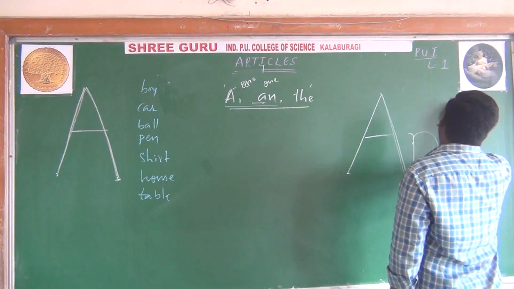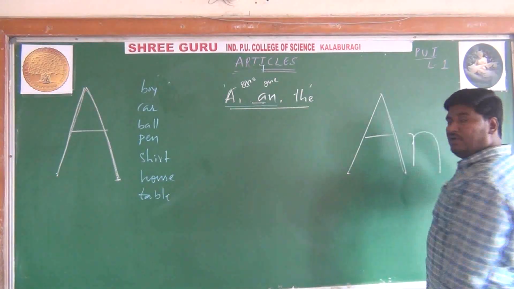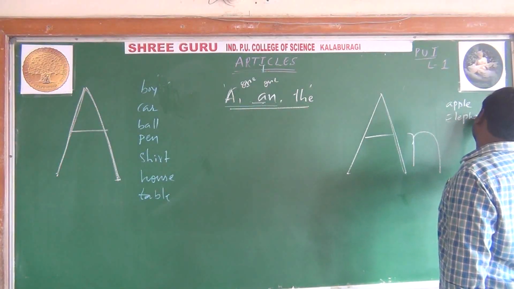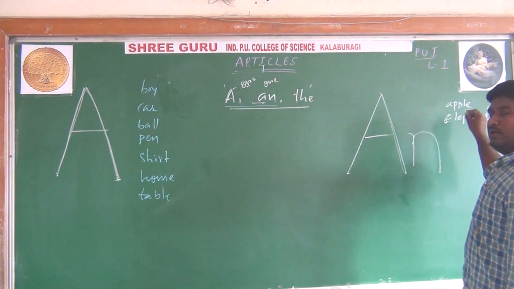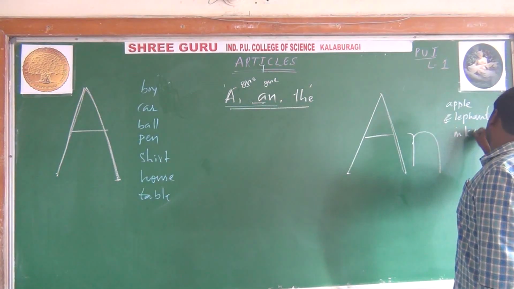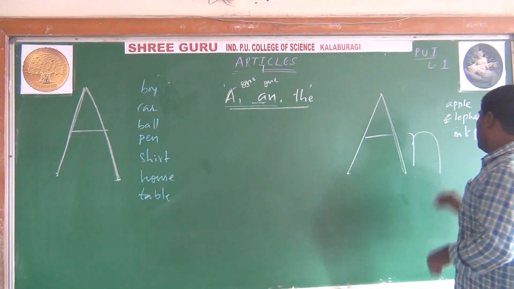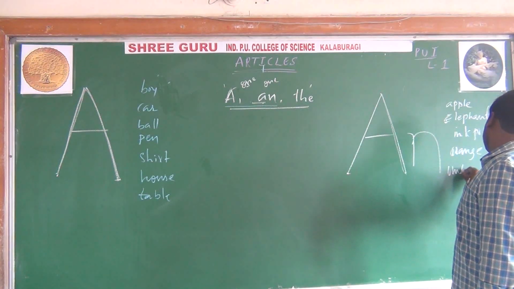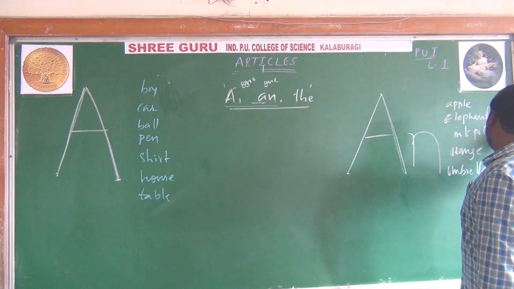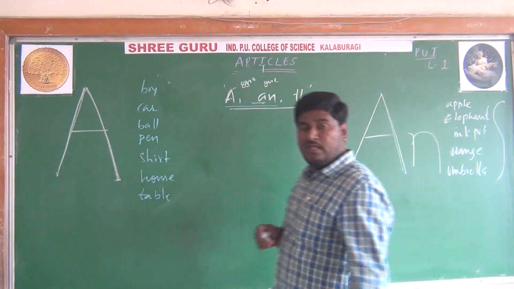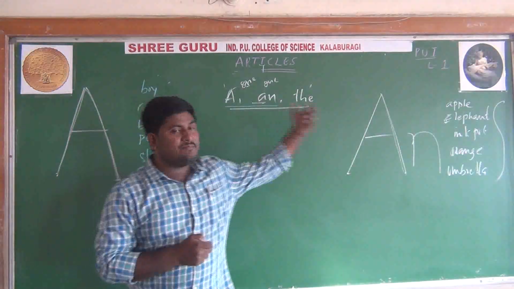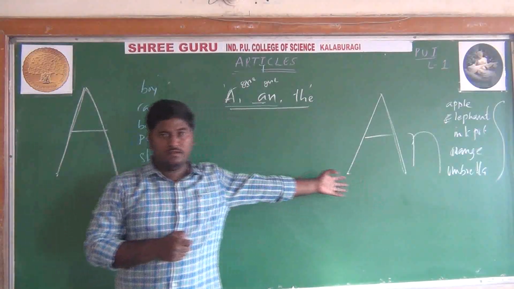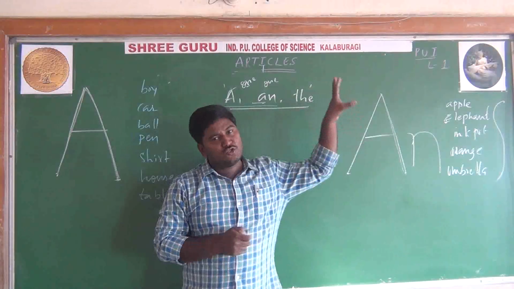For example, an apple, an elephant, an ink pot, an orange, an umbrella. I have written all the vowels here. An apple, an elephant, an ink pot, an orange, an umbrella. So here an means also one.